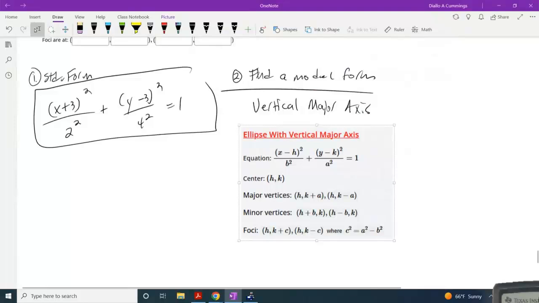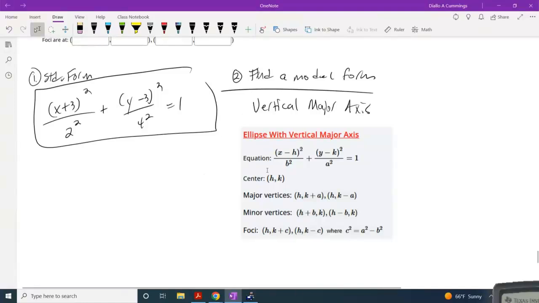All right. What is the center? Well, the center is not at the origin because we have constants attached to x and y. So remember that h follows x with a sign change and k follows y with a sign change.